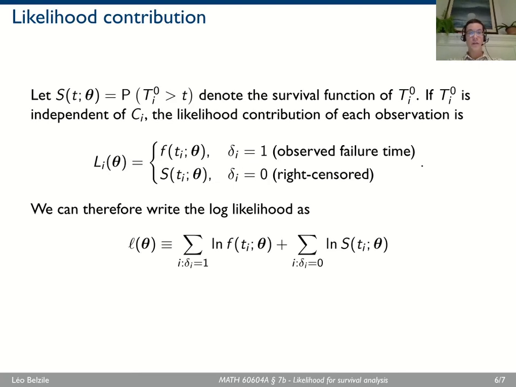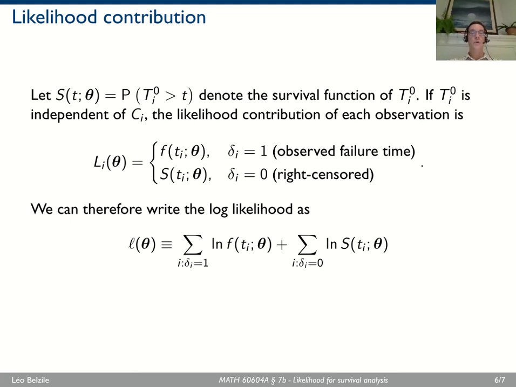In terms of likelihood contribution, the people with an observed failure time contribute the density, the instantaneous probability of dying at that particular time. For the others, I know the contribution is that it must be at least that. These two events carry different information about survival time.